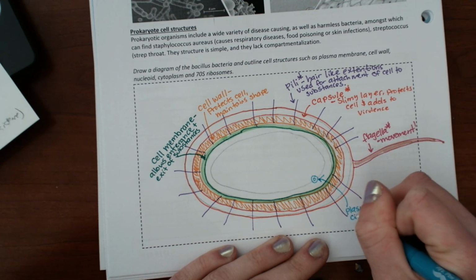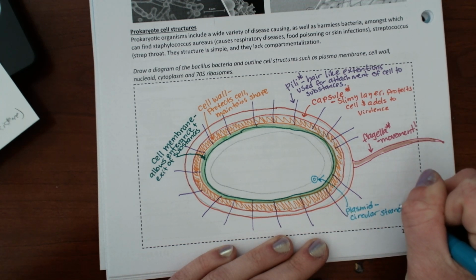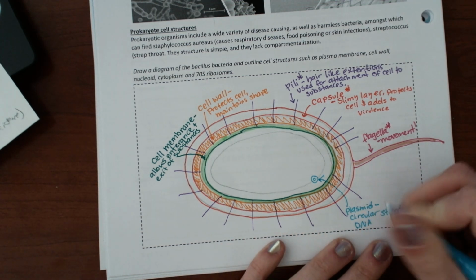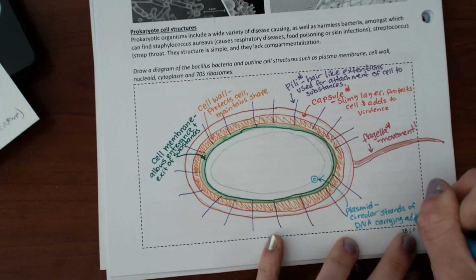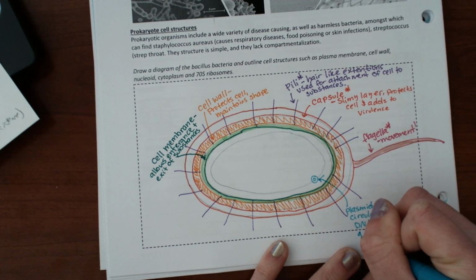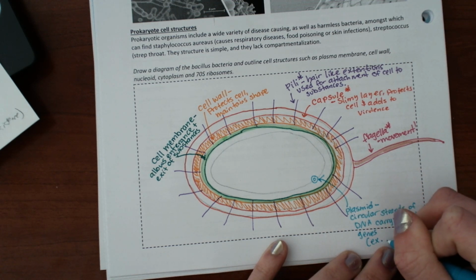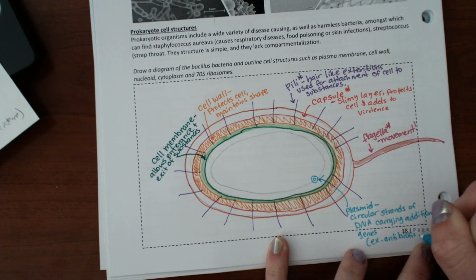It's like circular strands of DNA carrying additional genes. My example is like antibiotic resistance.